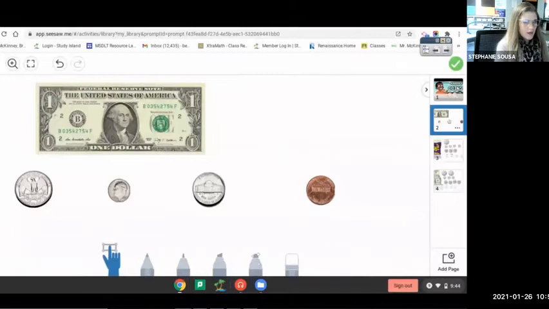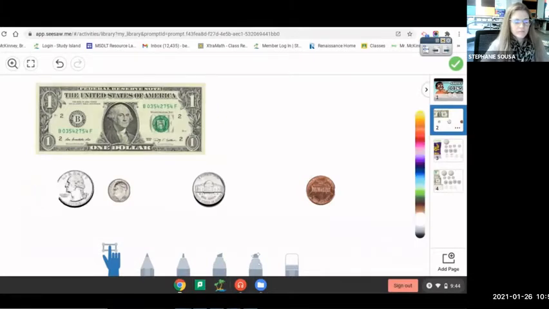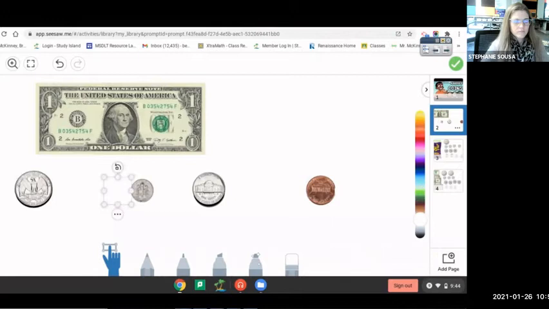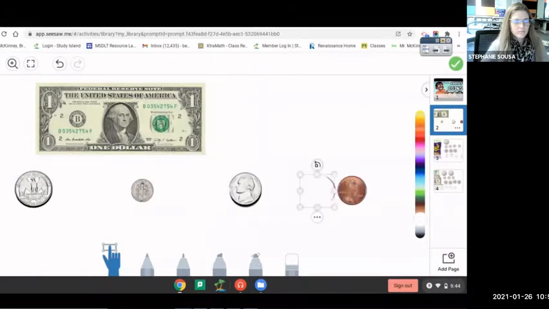It's also important to know that each coin looks different on the other side, but it's still worth the same. So this quarter might look like that on the other side. This dime might look like this. The nickel might look like this, and your penny might look like this.